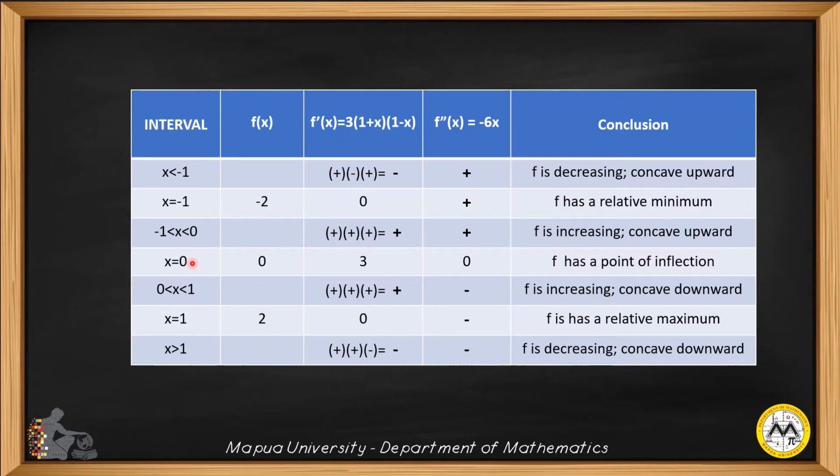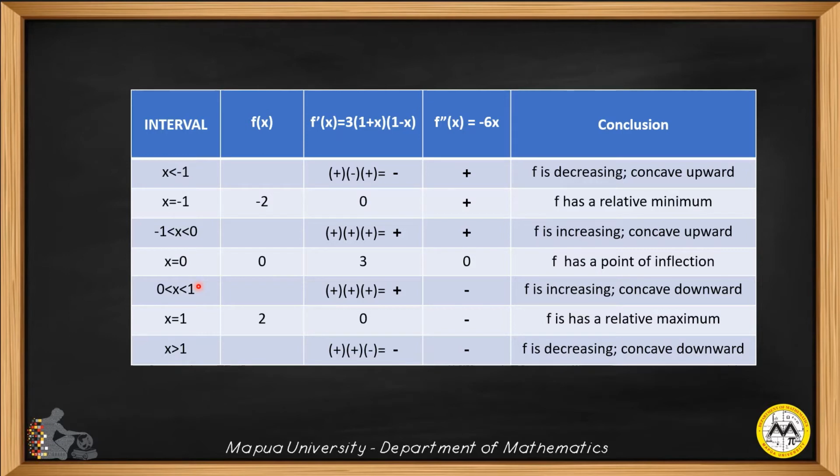And for those that are to the right of x equal to 0 but left of x equal to 1, we will have x values of greater than 0 but less than 1. And whenever the point is to the right of x equal to 1, then the x's would always be greater than 1.